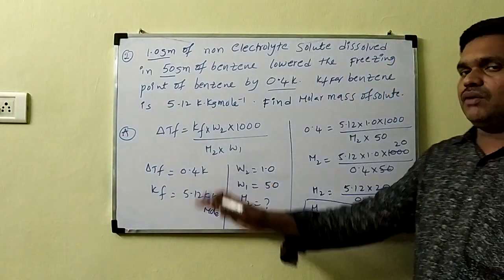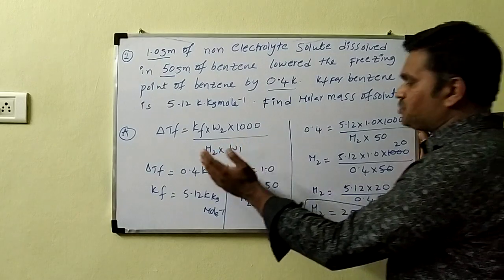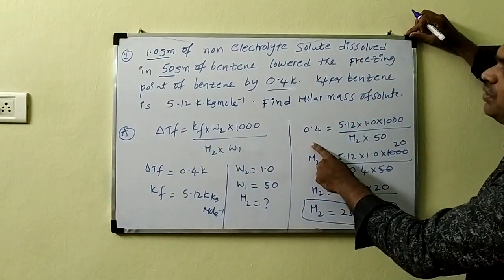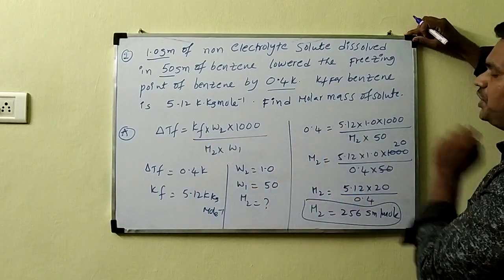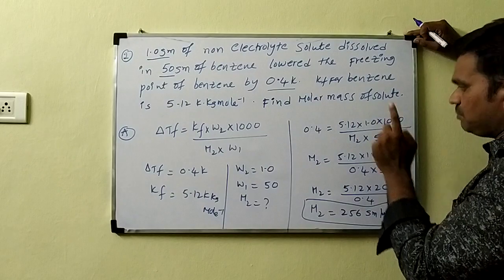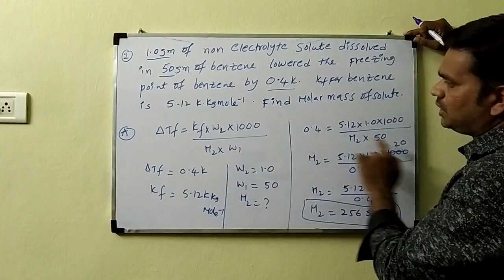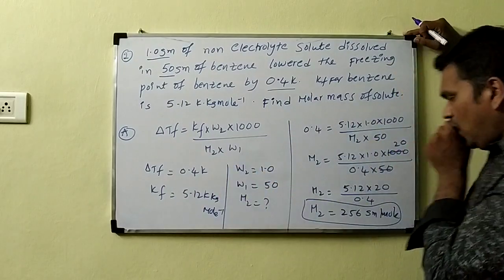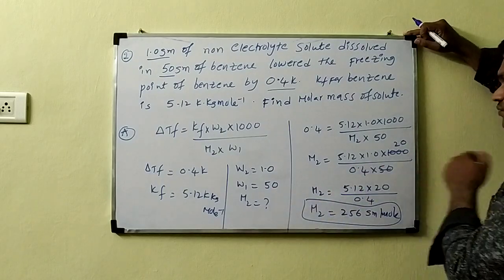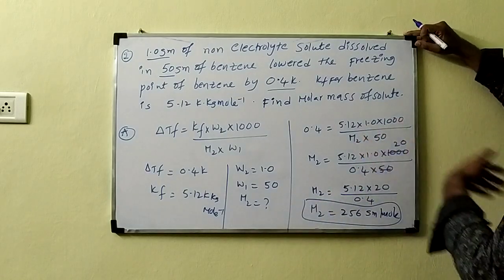Now all the values we have. We want to substitute the values in the formula. Delta Tf is equal to 0.4, Kf value we have 5.12, W2 we have 1.0 into 1000 by M2 into W1, and the W1 value we have is 50.